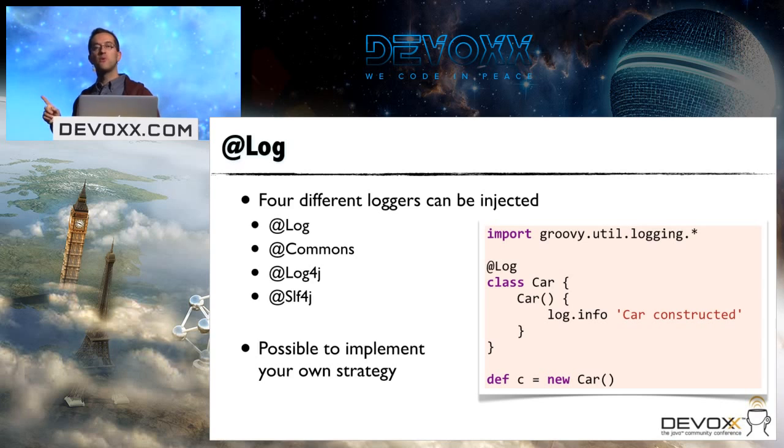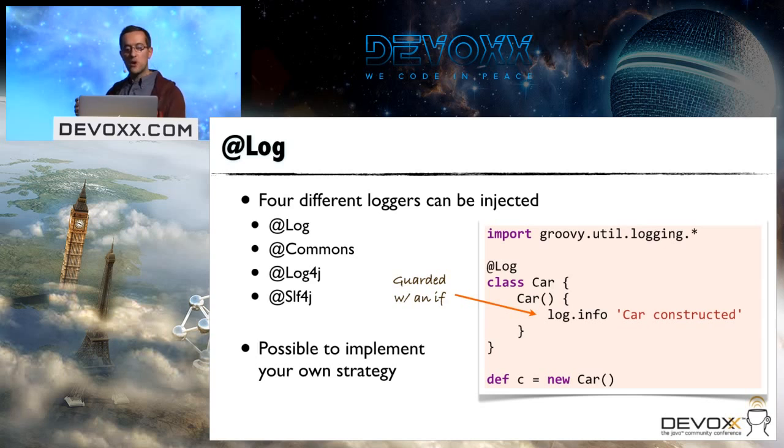Usually you wrap your logging statements with if log is debug enabled, blah, blah, blah, or something like that. Okay? And actually the AST transformation wraps the log.info calls with the proper if around that. So you can save some further keystrokes by avoiding wrapping all those things or forgetting to wrap those things.